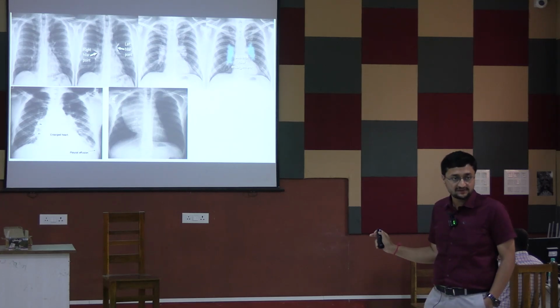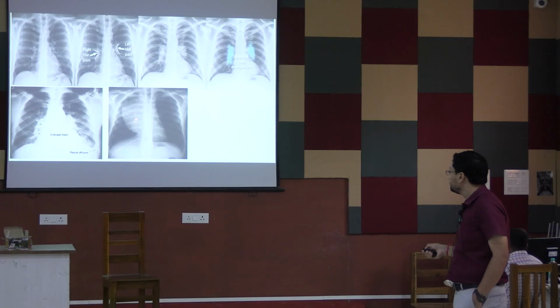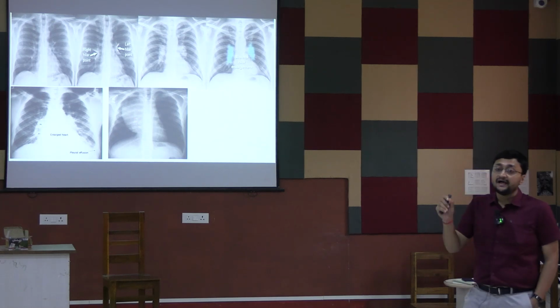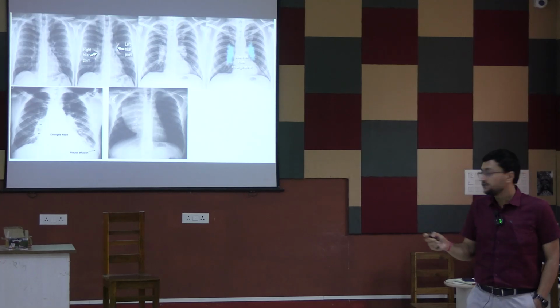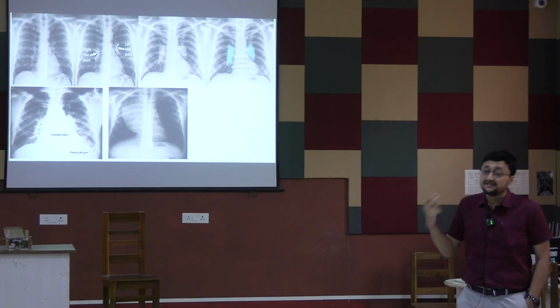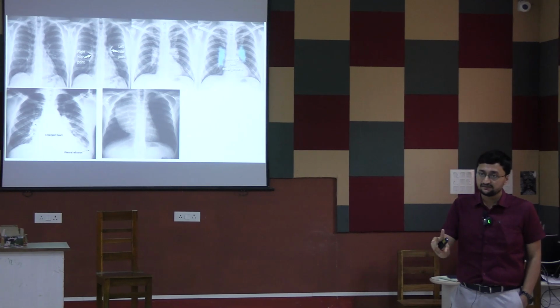Right sided hilum is not visible, but you can see small white dots. এই যে dots গুলো দেখতে পাচ্ছিস? These dots, these are hilar vessels. So this is a mass, definitely this is a mass. Whether this mass is originating from the hilum, that means this is a lung mass or this is a mediastinal mass, you have to differentiate.